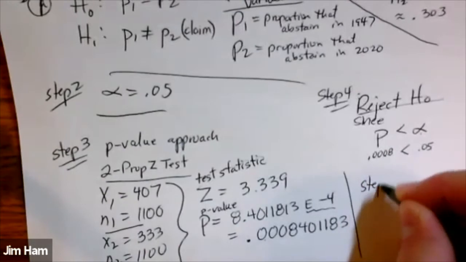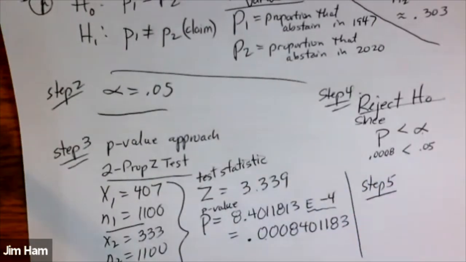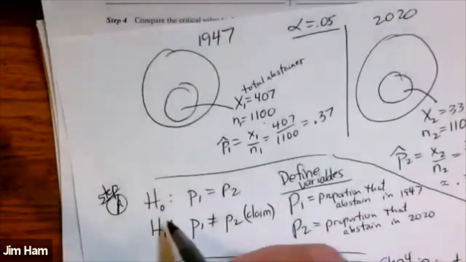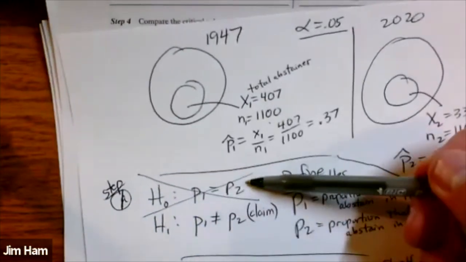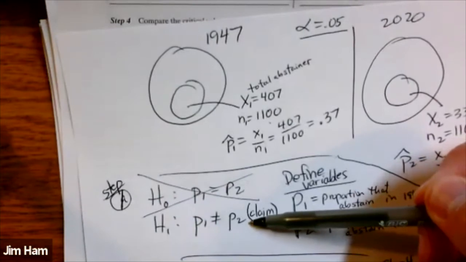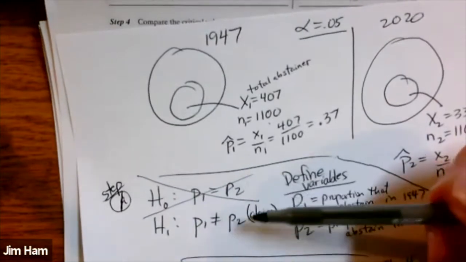Then step 5 is to write the conclusion, or interpret the conclusion. You might want to refer to that 2x2 grid that I gave you earlier until you get it right. We are going to reject the null hypothesis, which means we have support for the alternative, which is the claim. So we want to say there's evidence to support the claim.